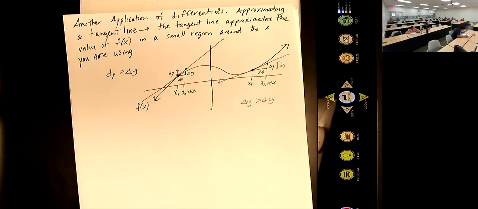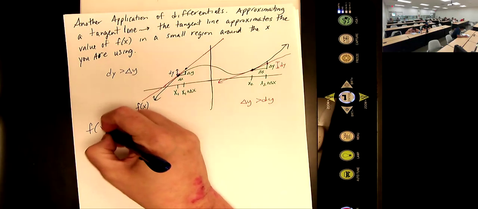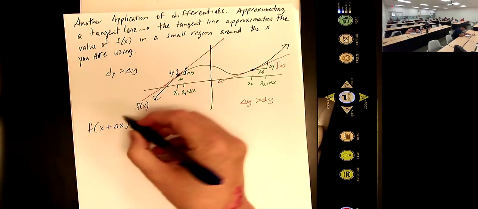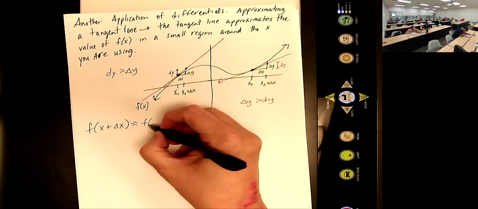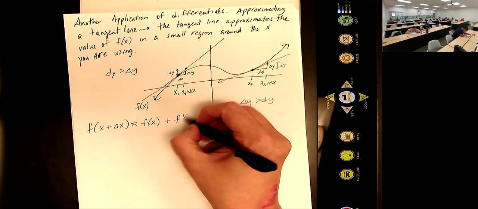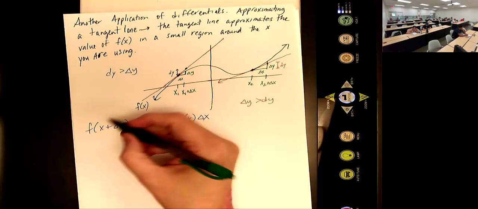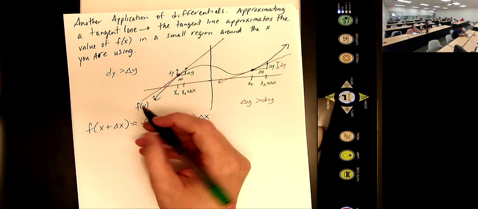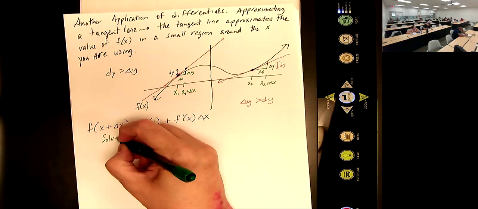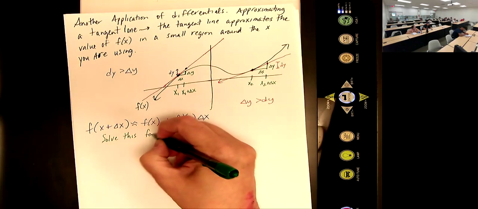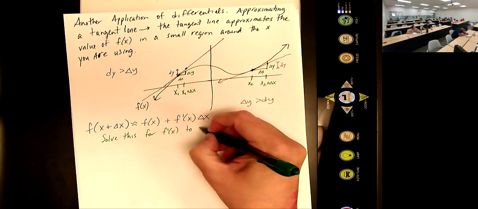And the equation we're gonna use to do this is f of x plus delta x is approximately equal to f of x plus f prime of x delta x. This might look unfamiliar to you, but it is actually very familiar to you. Solve this for f prime of x to find something familiar.